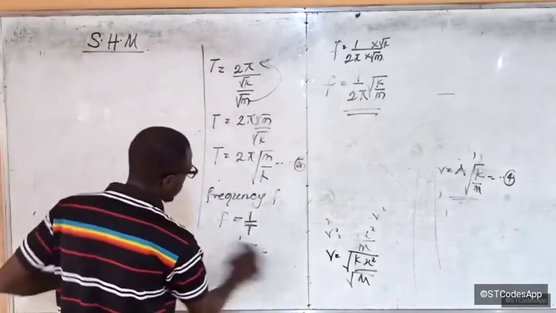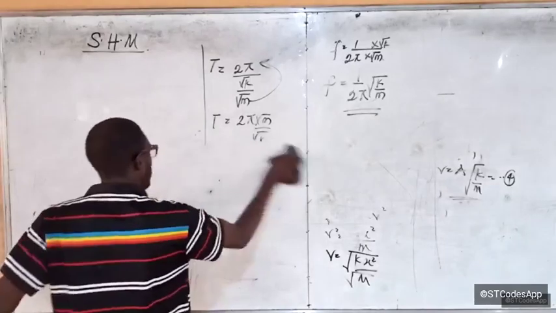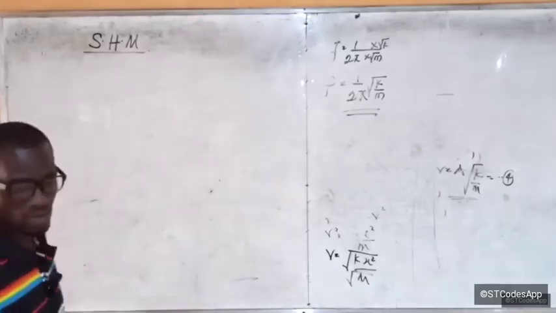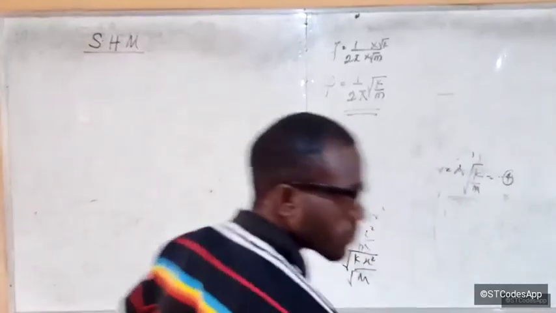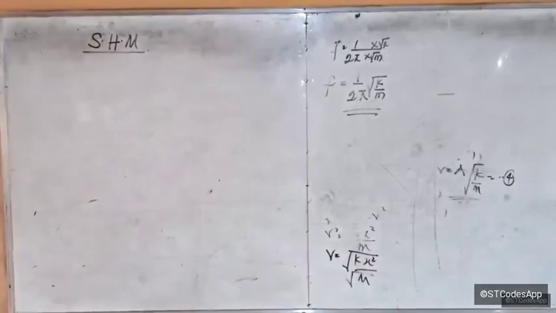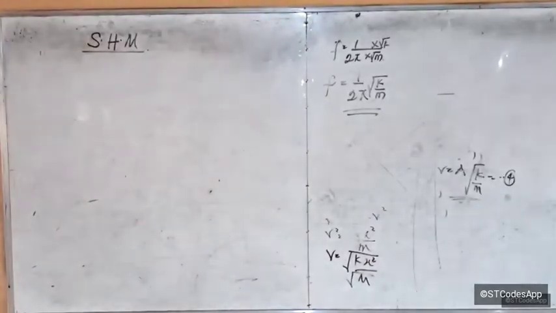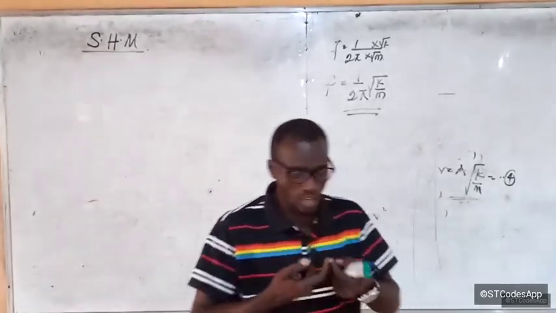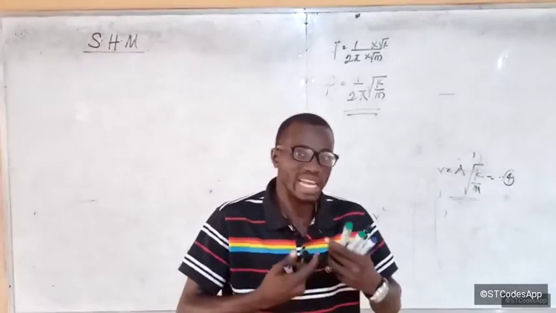Its maximum horizontal displacement is going to be the amplitude. It can never go beyond its amplitude. But its displacement is the horizontal displacement at a particular instance.